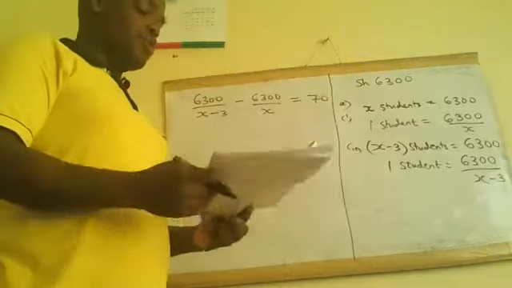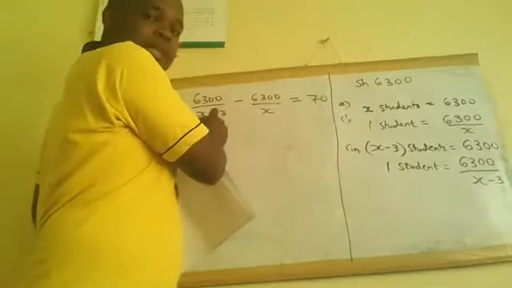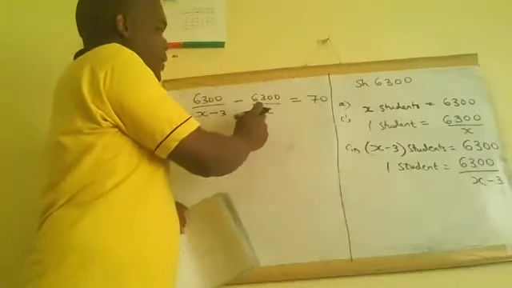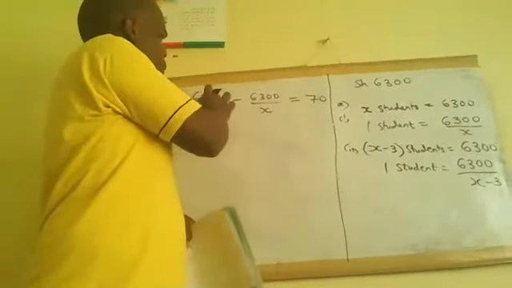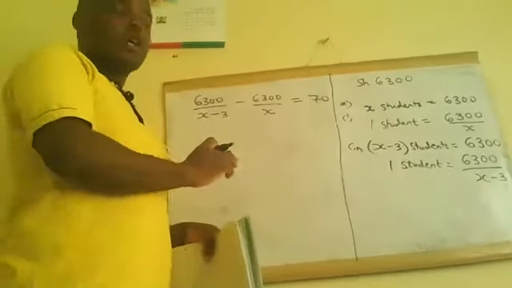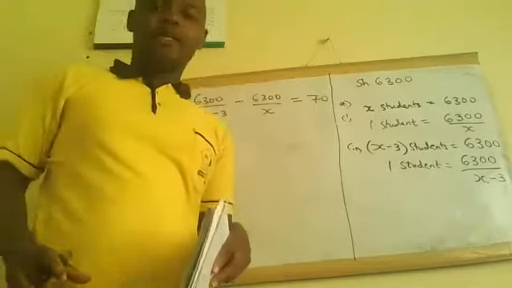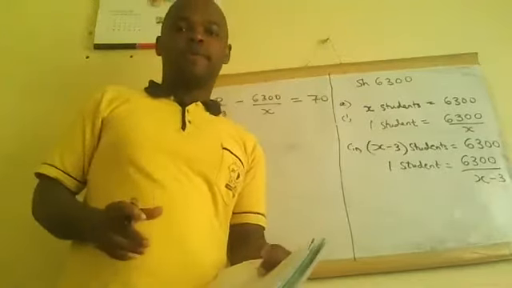So x minus 3 is smaller than x, and therefore, because we are taking 6300 divided by a smaller number, it has to be larger. So we say 6300 over x minus 3 minus 6300 over x is equal to 70.